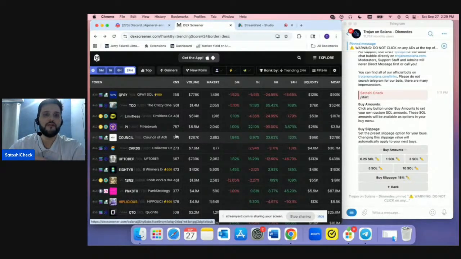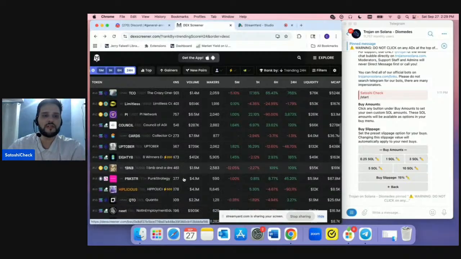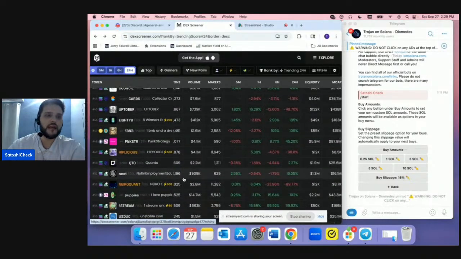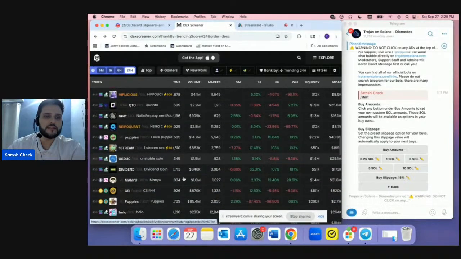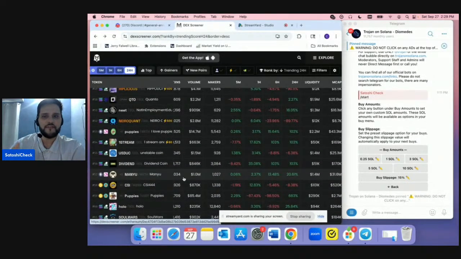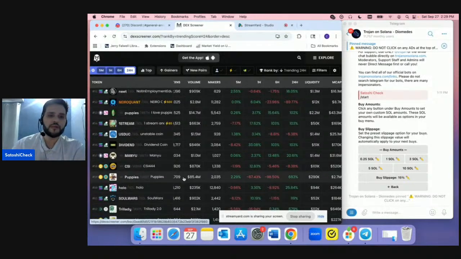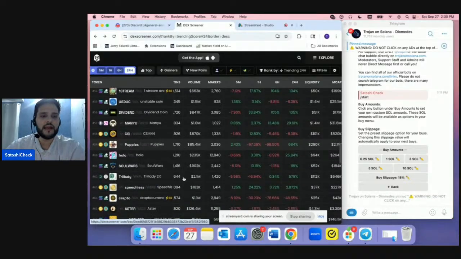It depends on the dev, but you want to see the dev being super active versus a really cheap, shitty X page that has like 2 posts. You want to see if these people are pumping, if they've got any influencers talking about it. You've got to be careful too, because just 5 or 6 people talking about it could be trying to show you their bag and get out of it.